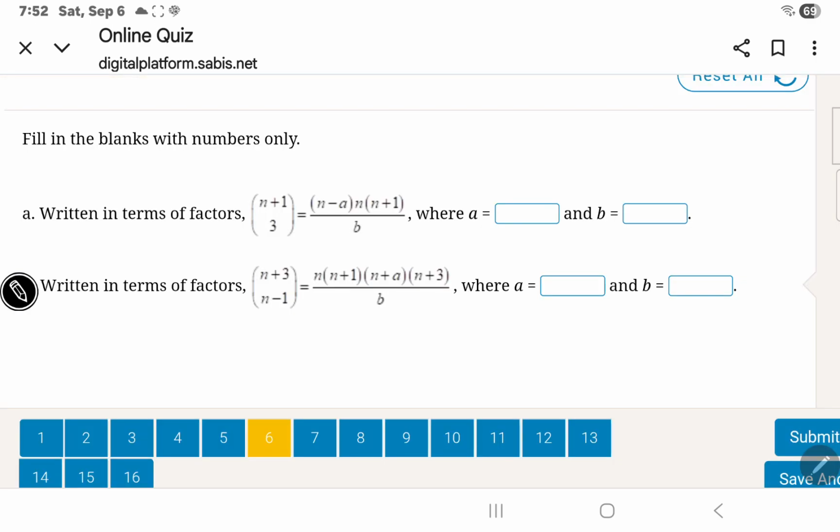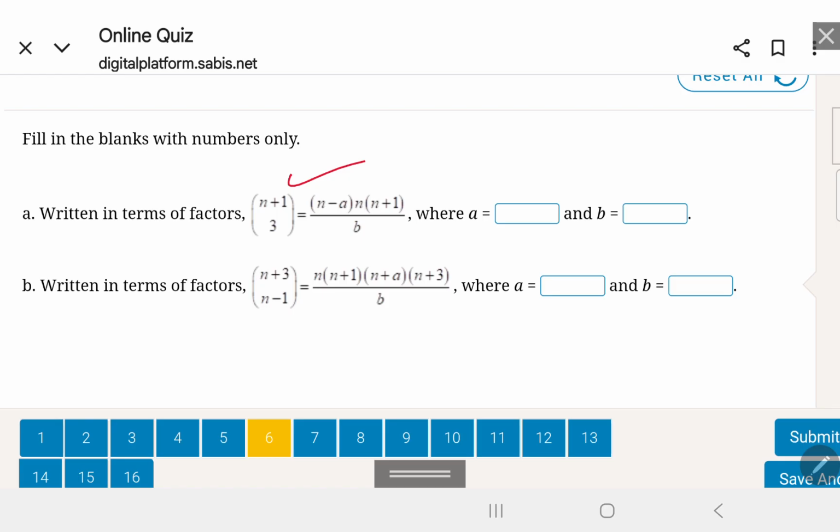Question number 6 now. Written in terms of factors, we have to find a and b. For the first one, this is very simple. We can write it from the combination formula n plus 1 times n times n minus 2.